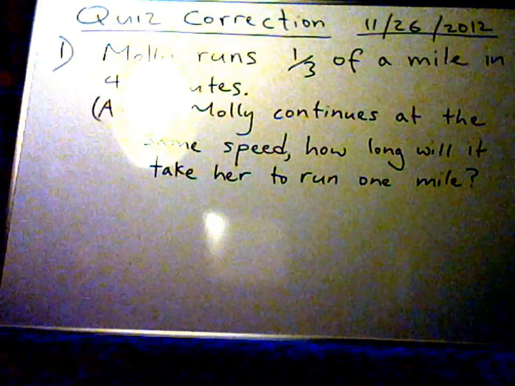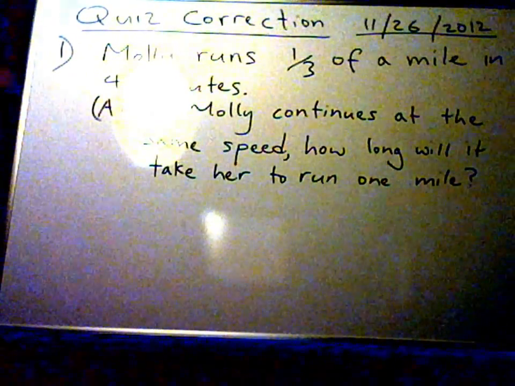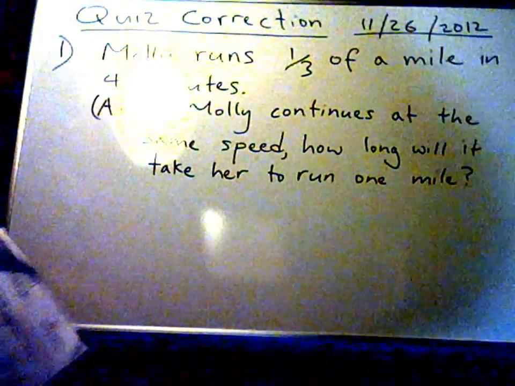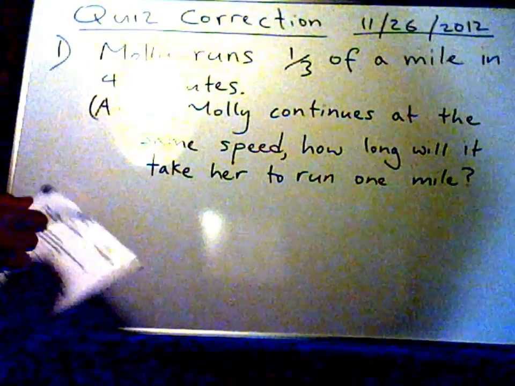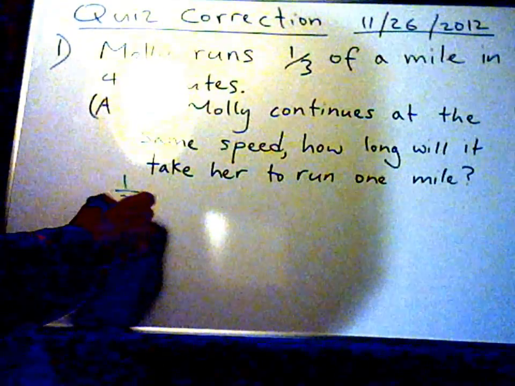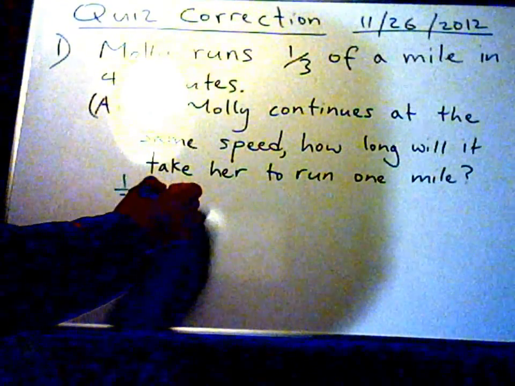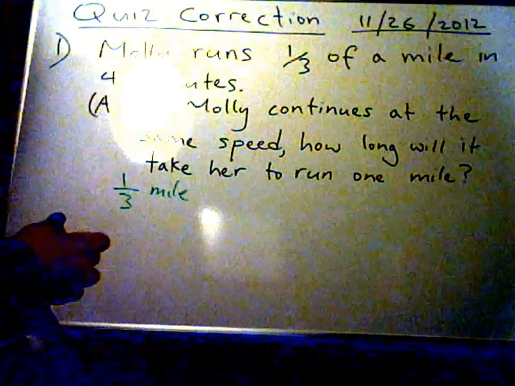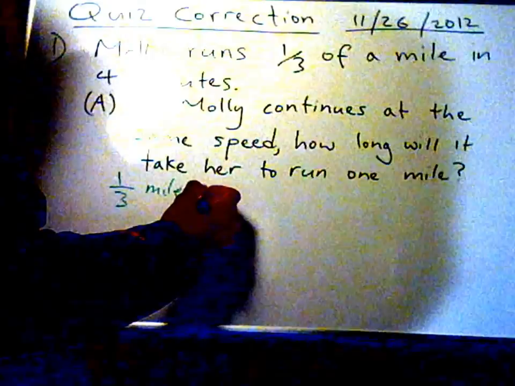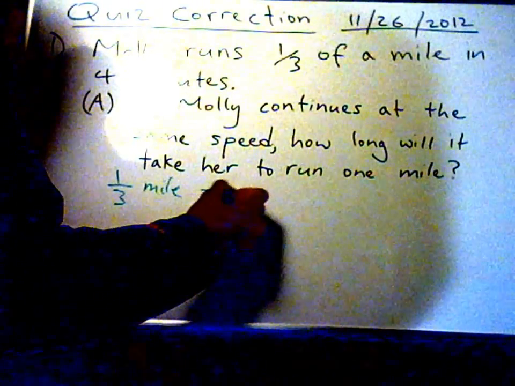Now, like I said to you in class before, you can actually use a table to do this problem. So we have that 1/3 of a mile is run in 4 minutes.